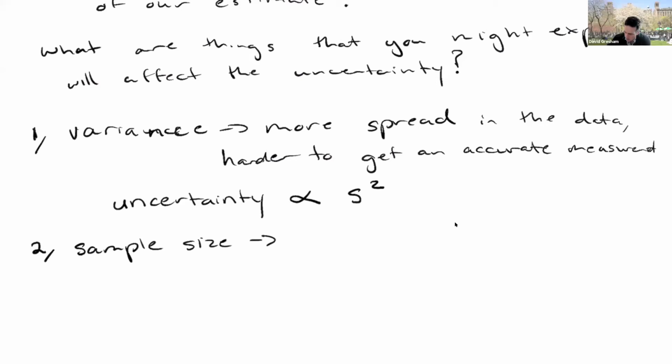So with a larger sample, what's going to happen? Less variation in our sample, which is going to result in what? Are we going to be more certain about our estimate or less certain? More certain, right.